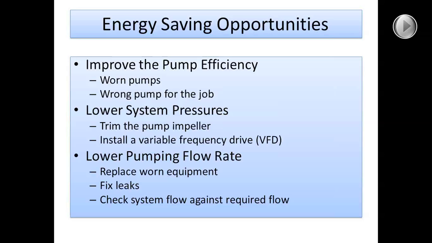And you usually have a few different options. You may be able to trim your pump impellers. You may be able to remove stages if it's a vertical turbine pump and reduce your pressures that way but keep the same flow. You may be able to install a variable frequency drive.